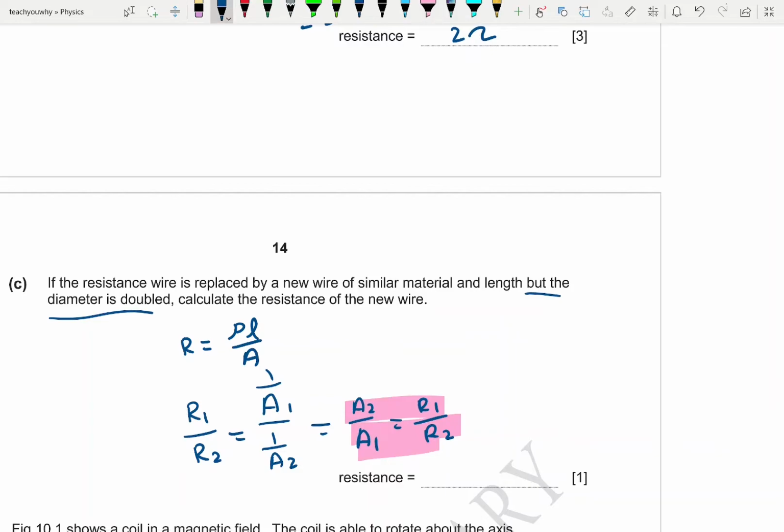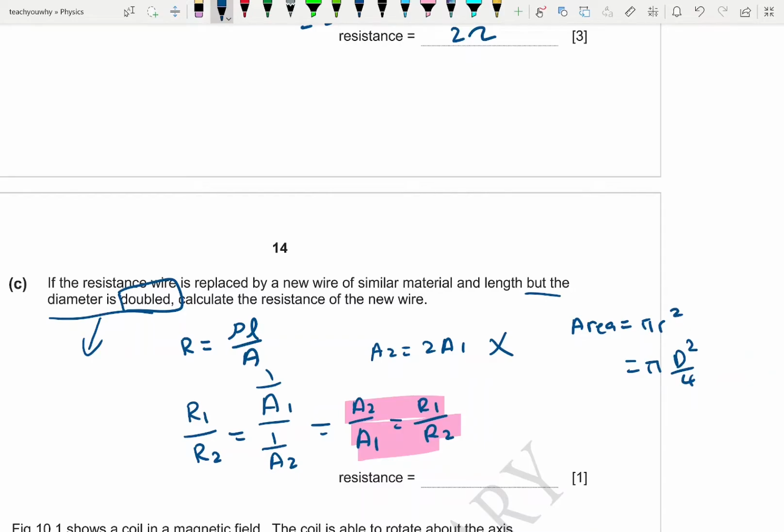Now this is a bit of a trick question because they say the diameter is doubled. So most likely, the tendency is that we will think that A2 is equal to 2 times A1, but this is wrong. Why? Because area equals pi r squared, or you can put this as pi d squared over 4.